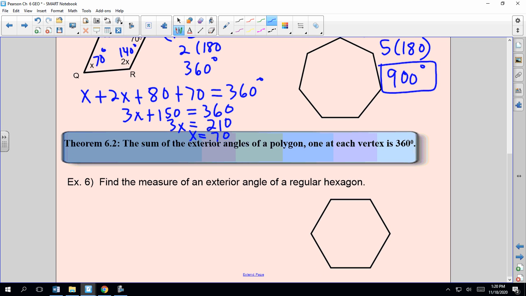When it comes to the exterior angles of a polygon, let's go ahead and draw those first. If you make an extension here for each one of these, that's an exterior angle, that's an exterior angle, and that's an exterior angle. And you can go all the way around.